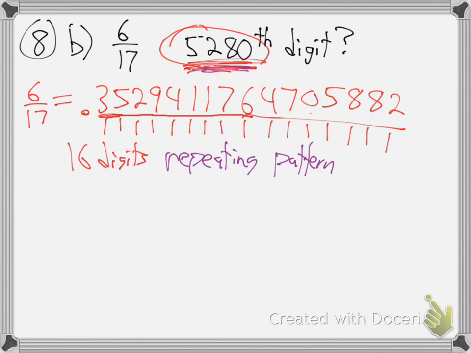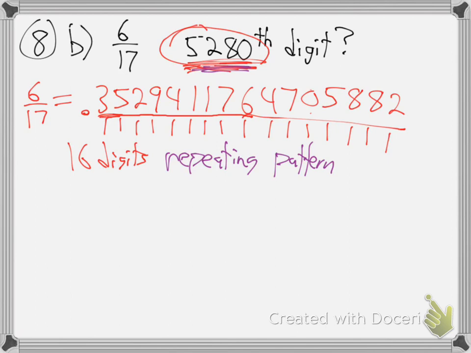I think that's a great idea, Giselle. Does everybody see what Giselle's saying? Because we know 16 digits, 16 digits, 16 digits. Basically, if you want to go all the way out to the 5,280th digit, you have to see how many of these groups of 16 it takes to get out to the 5,280th digit. So how many groups of 16?